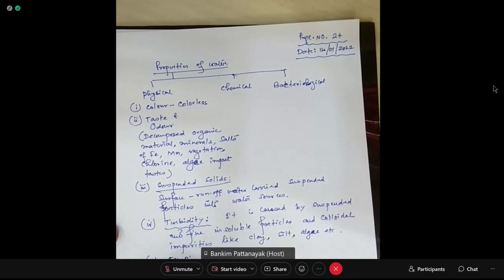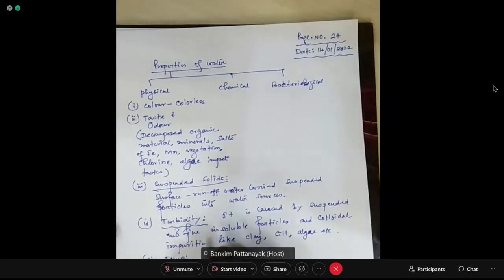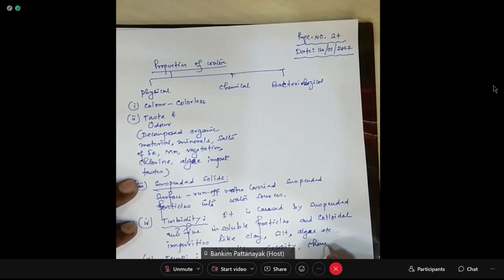Temperature, solubility, viscosity, chemical reactions are all influenced by temperature variations.